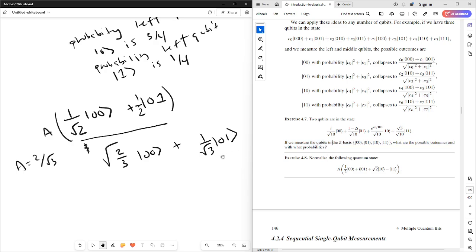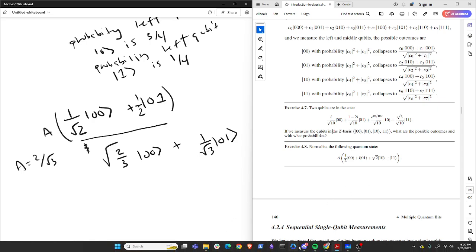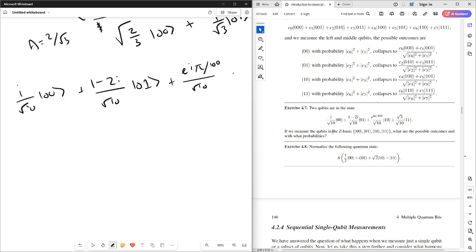Okay, so for example, let's do 4.7 and 4.8 real quick. So we have this superposition, 0, 0, e to the i pi divided by 100, over square root of 10, plus square root of 3 over square root of 10, state 1, 1.